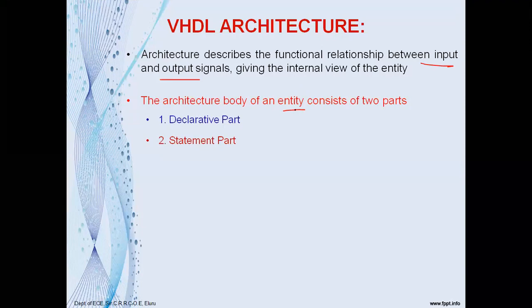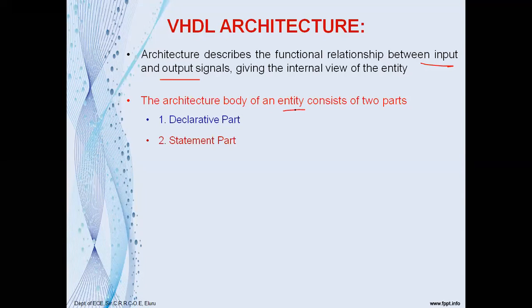Simply, we can say that an entity in VHDL is the hardware abstraction of a digital system. The hardware abstraction of a digital circuit is called an entity. Entity refers to the digital system or circuit which is going to be modeled.